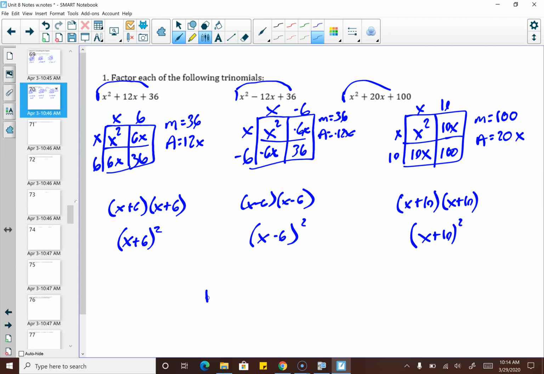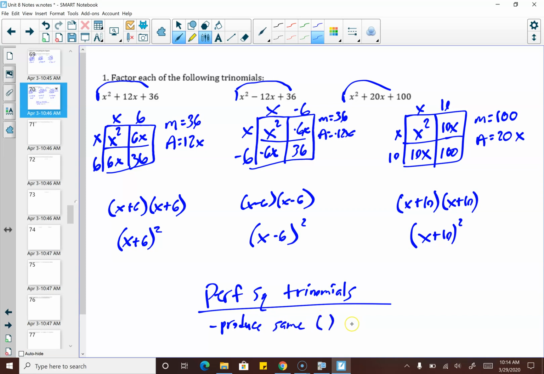So these are all known as perfect square trinomials. And the reason is they produce the same parentheses when factored. So if you have a trinomial that is factored and you get the same parentheses twice like we did for all three of these, then it is known as a perfect square trinomial.